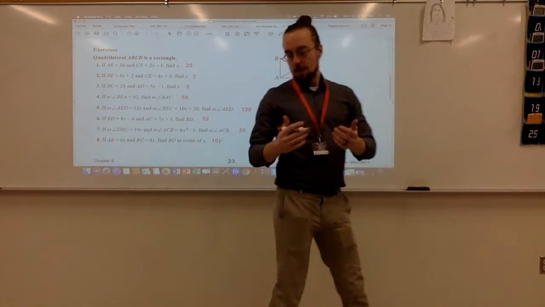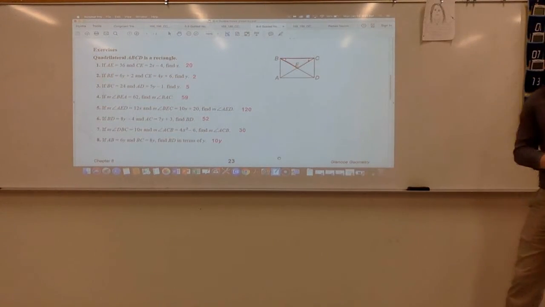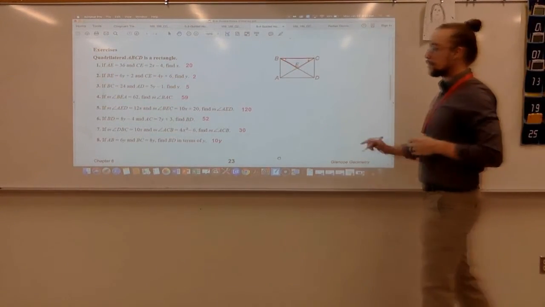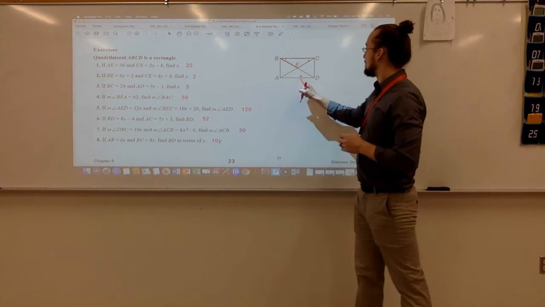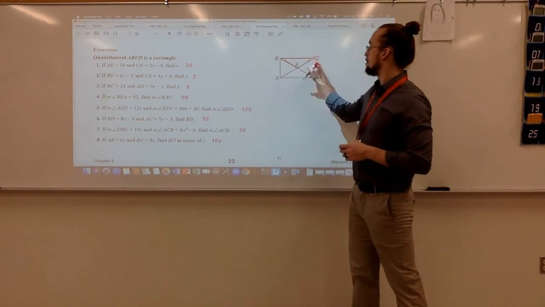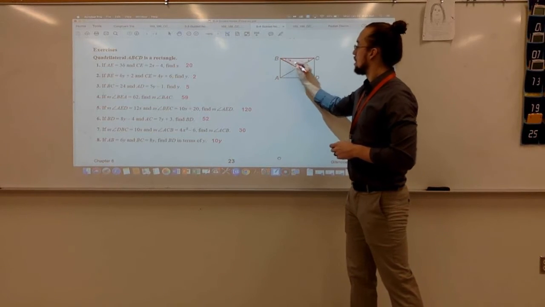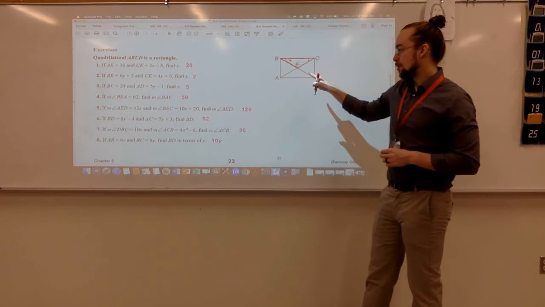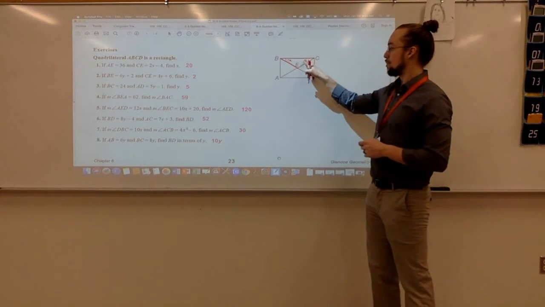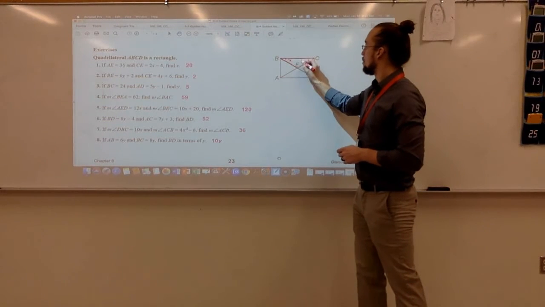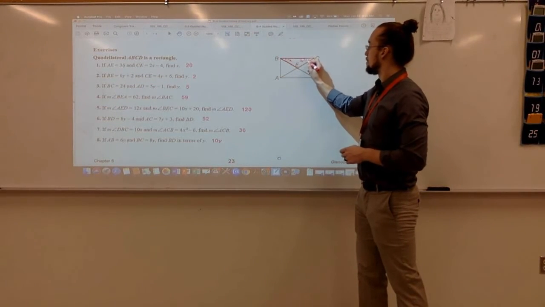All right, let's take a look at number 7 then. So we're given the measure of angle DBC. DBC is this angle right here, is 10x, and then I'm given the measure of angle ACB. So this angle right here would be 4x squared minus 6.